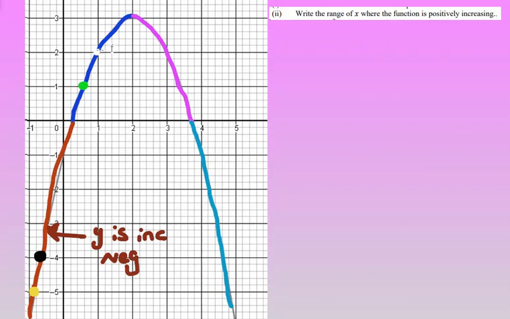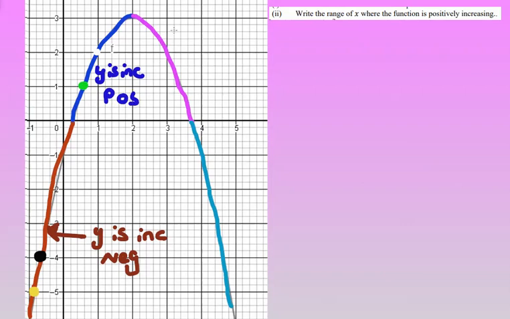And what's the white point's y value? It's 2. So what's happening? Is y increasing or decreasing? It's going from 1 to 2, so obviously it's increasing. How? It's going from 1 to 2, so it's positive, right? So y is increasing positively.